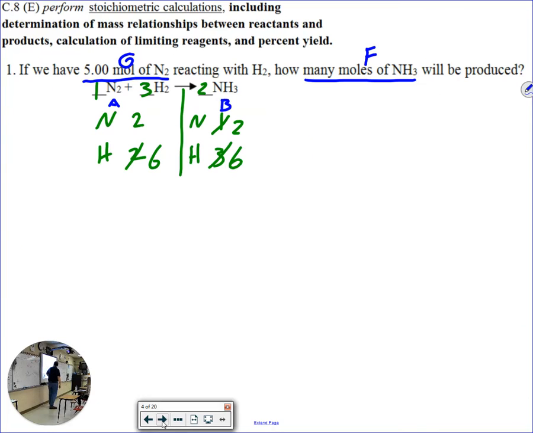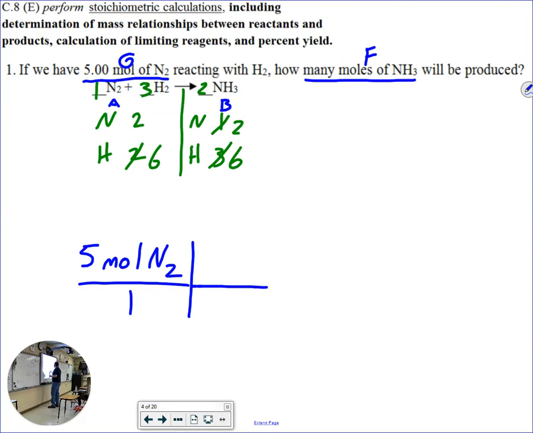So let me show you what the mole ratio is. I'm going to set this up just like any other dimensional analysis. I'm going to take what I start with, which is 5 moles of N2, stick it over 1. Now this next step is the new step. This is the mole ratio.